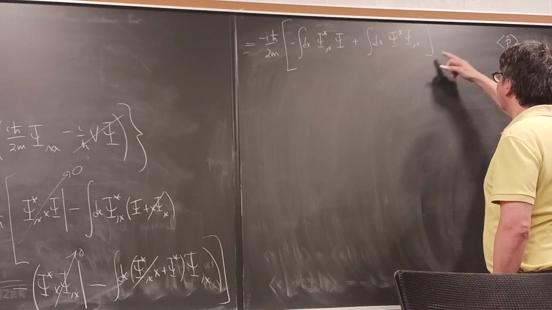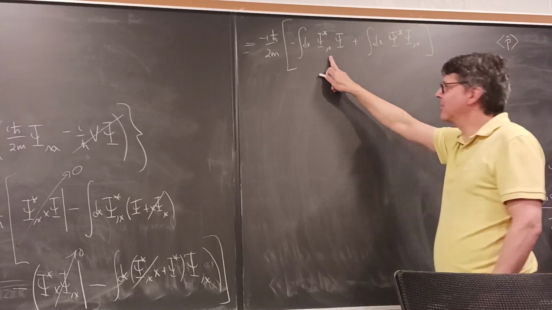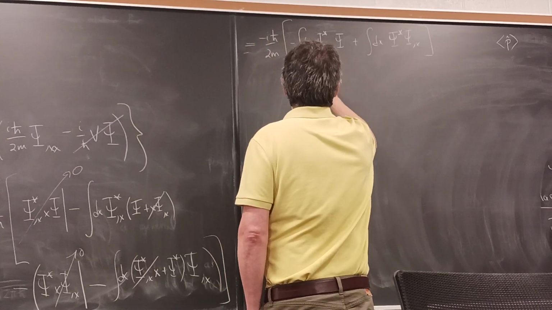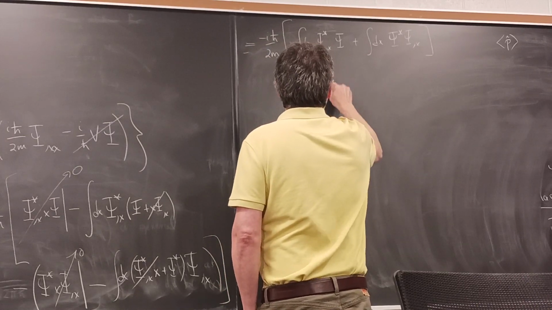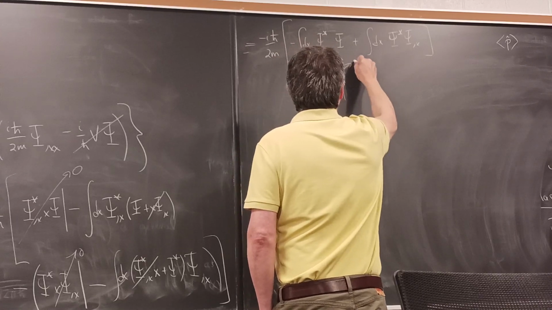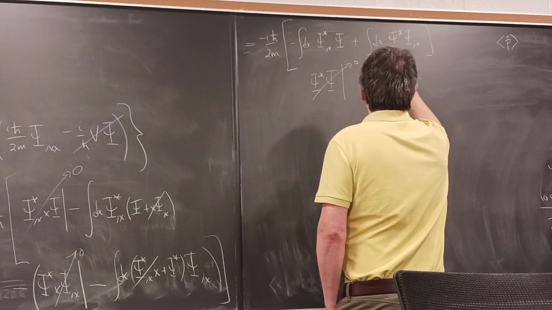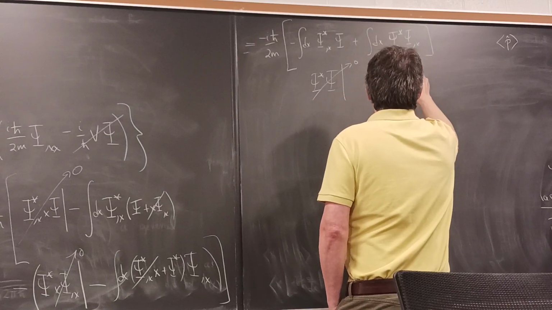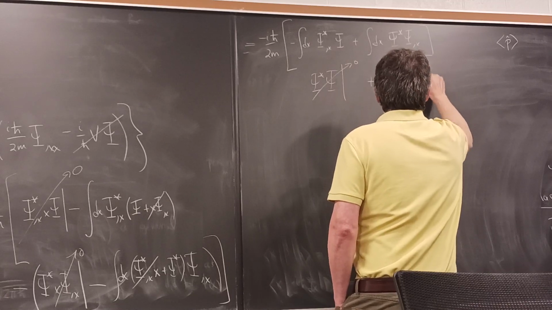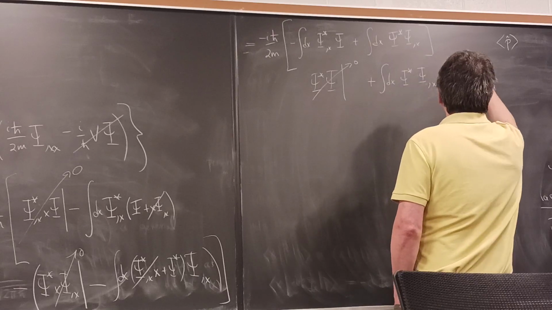That means I need the derivative on the psi and not the psi star. So I can just do one more integration by parts. This will just be psi star psi evaluated at the endpoints, which is 0, and then I'll get a plus integral over dx of psi star psi comma x, plus this one here.